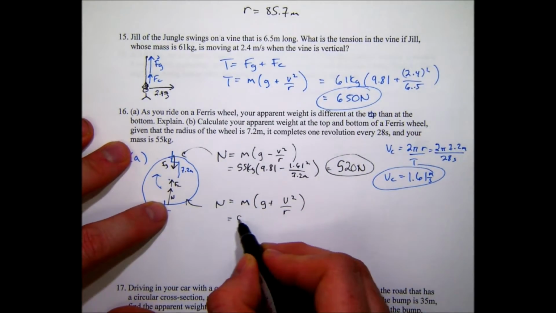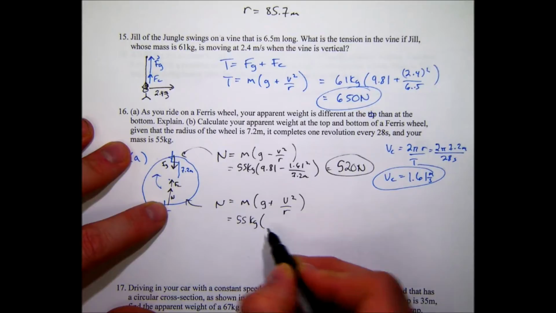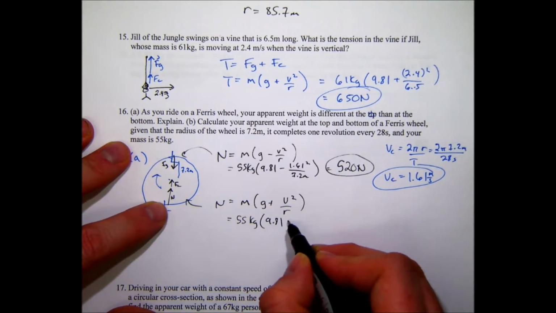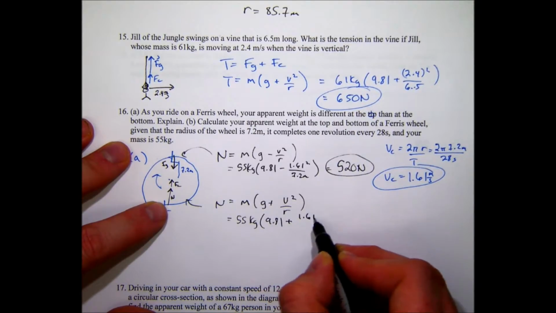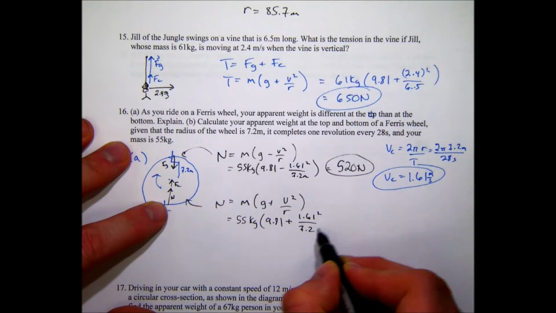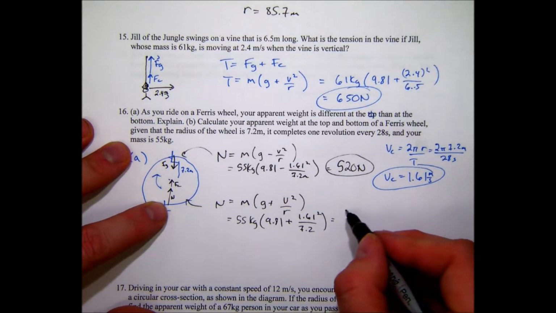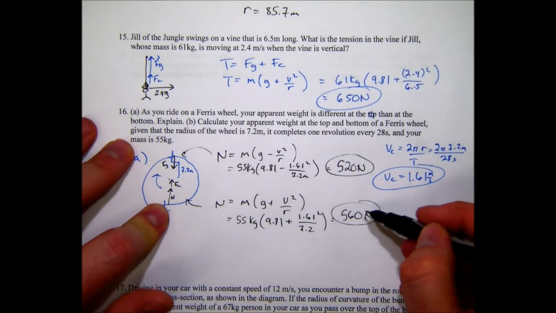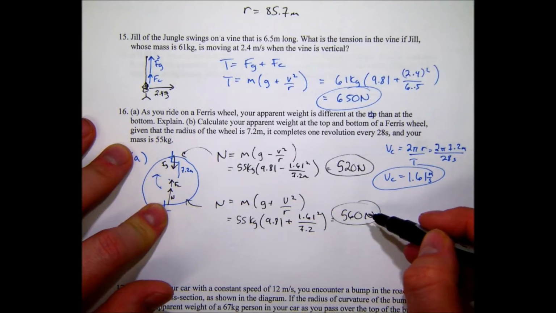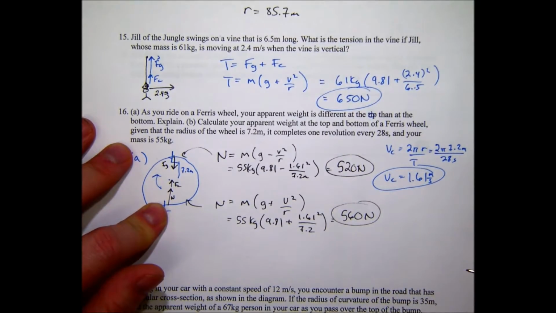At the bottom, 9.81 plus 1.61 squared over, it'll equal 560 newtons. So they would feel heavier by 40 newtons at the bottom compared to the top.